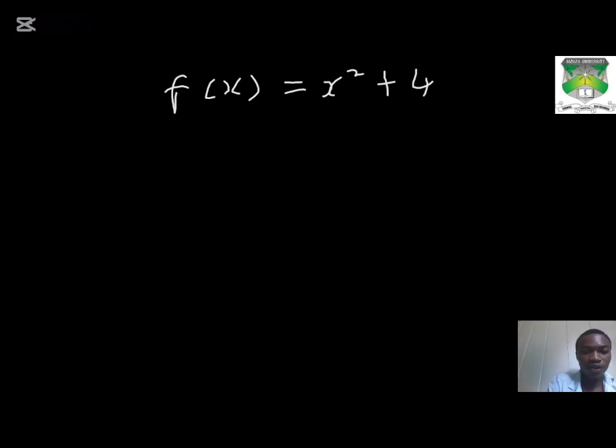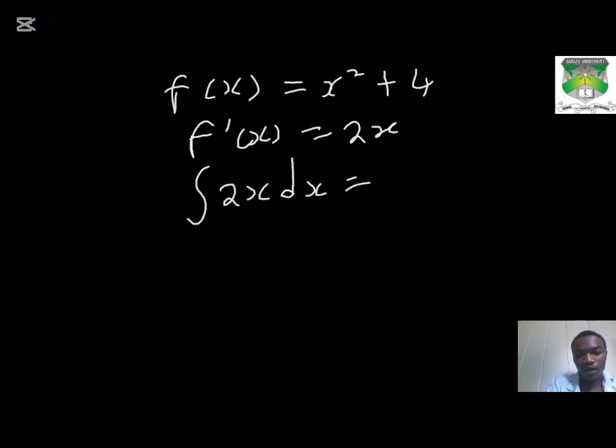As we see from the first equation that I wrote, f of x is equal to x squared plus 4, once we differentiate it, it gives us 2x, and once we integrate 2x with respect to x, it gives us x squared.